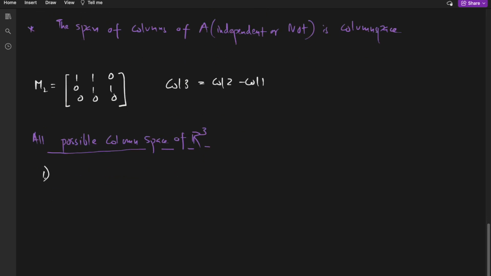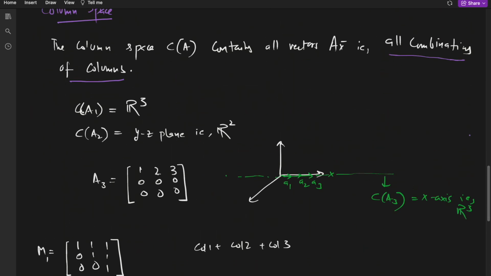The first one, the whole space R cube. In this case, matrix A has three independent columns. So we have seen this one, right?